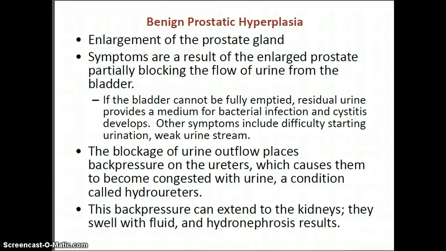The blockage of urine outflow places back pressure on the ureters, which cause them to become congested with urine, a condition called hydroureters. And this can extend to the kidneys, and hydronephrosis can result, which is a lowering of urine flow.